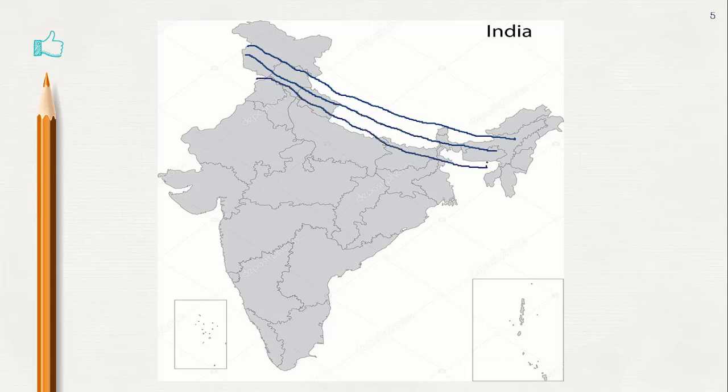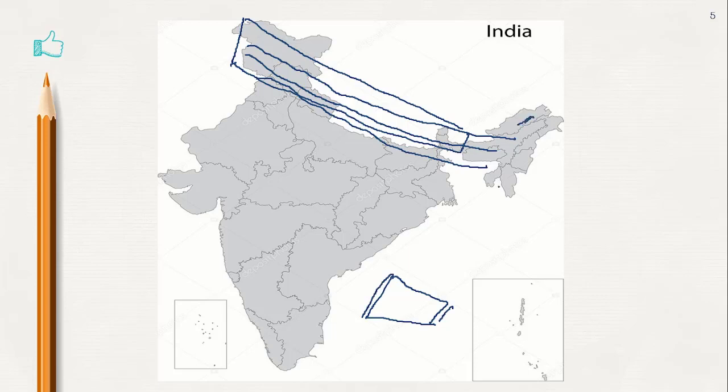If you see, it is stretched from here like this, and it is going like this. So this is the difference. It is formed something like this. In the Jammu and Kashmir part the width is more. Near Arunachal Pradesh, near the Dibang Valley, at this location, the width decreases.